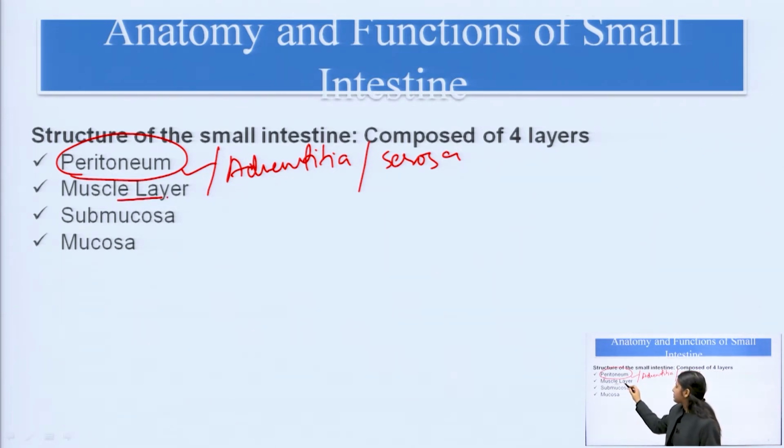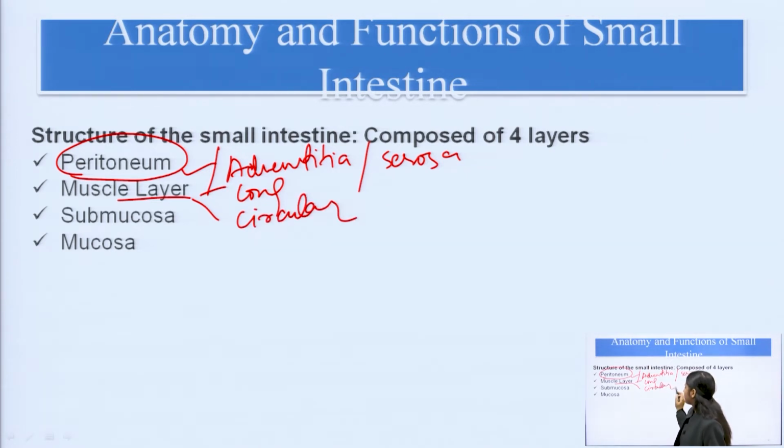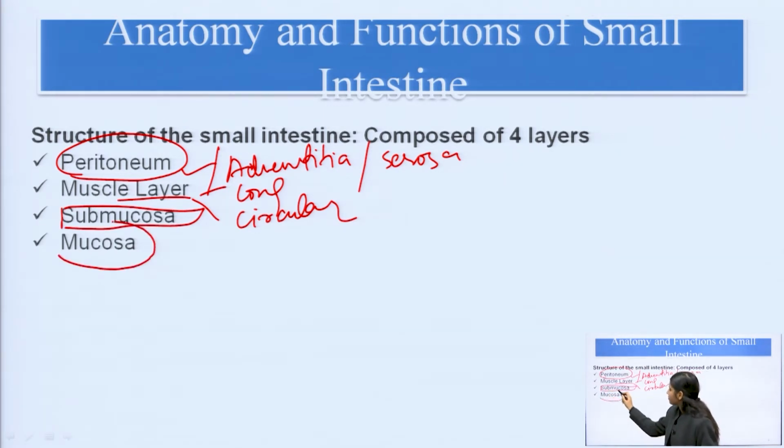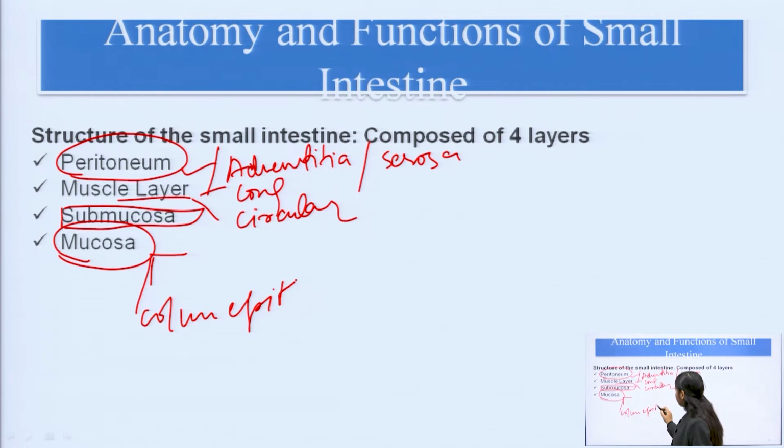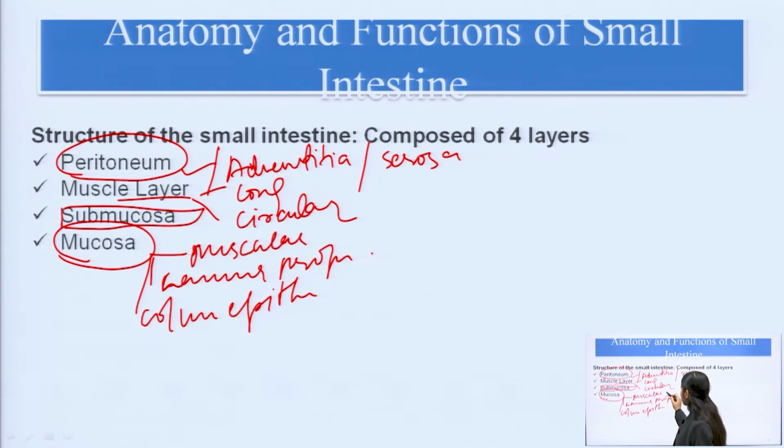Below it is the muscle layer, which is of 2 types: longitudinal and circular. Then there is the submucosa, and the innermost layer is the mucosa. The mucosa is also formed of 3 layers: the columnar epithelium, then the lamina propria, and similarly the muscularis mucosa.